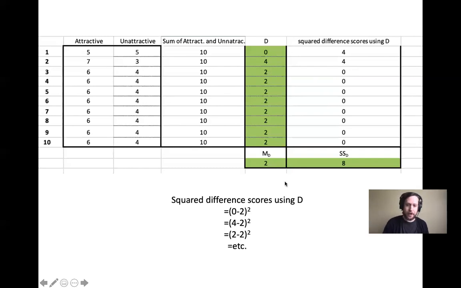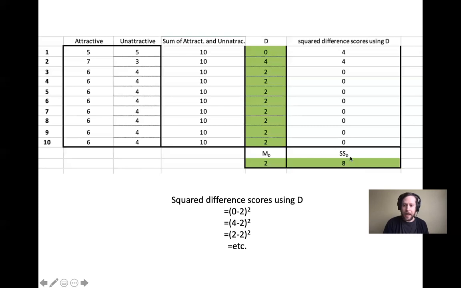So those are the squared difference scores. Each of these right here, the squared difference scores using D right here. And then what this is right here, this is the sum of the squared difference scores. So the sum of squares of the differences right here is what this stands for.